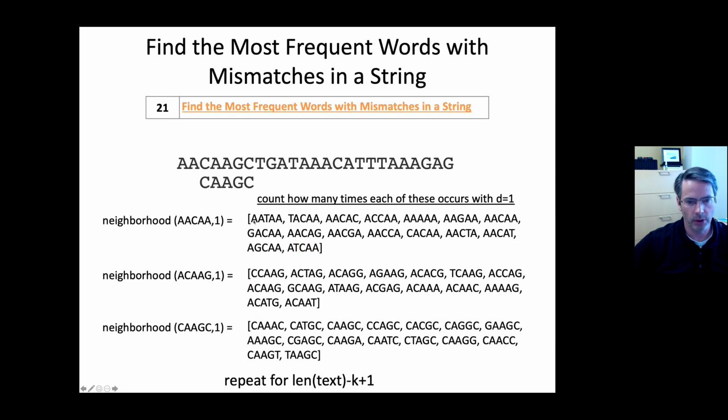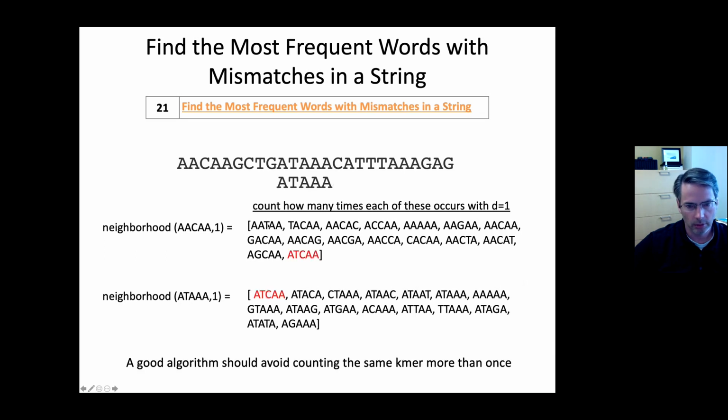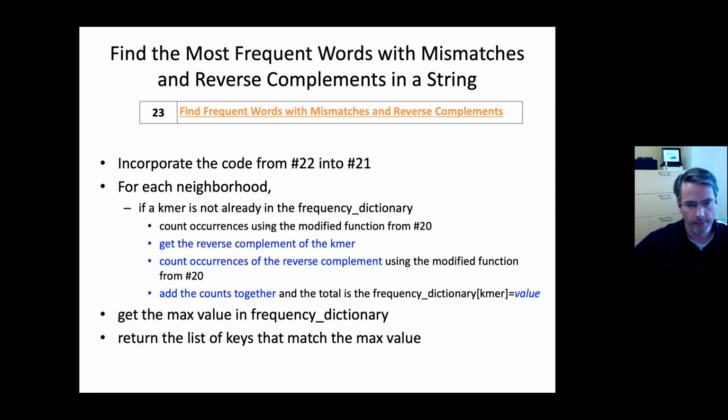So for example, AATAA, we also need to check TTATT. We're going to take the reverse complement of this thing, add the count of how many times TTATT occurs to this one, and then put that in the dictionary.